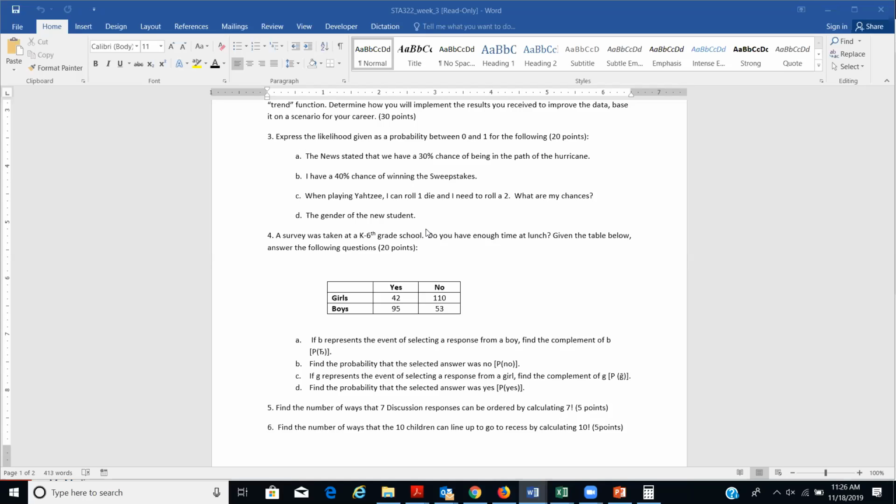If the probability of the response being a boy is 0.4933, then 1 minus 0.4933 is 0.5067, or 50.67%.